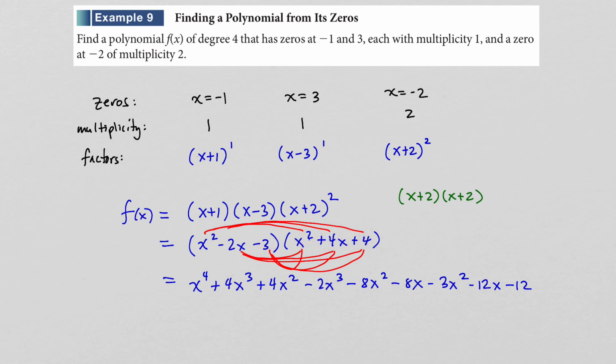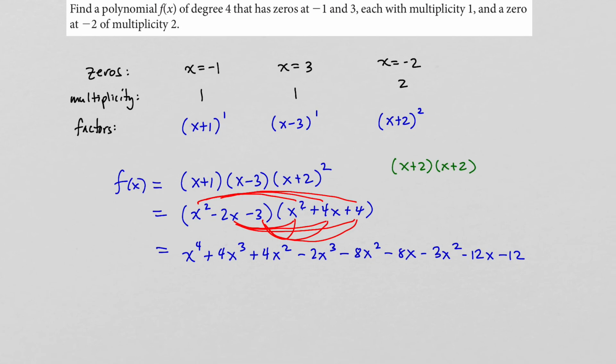And when you combine like terms here, you end up with x to the fourth plus 2x cubed. So that comes from these two. And then we're going to have minus 7x squared. That comes from combining those terms together.